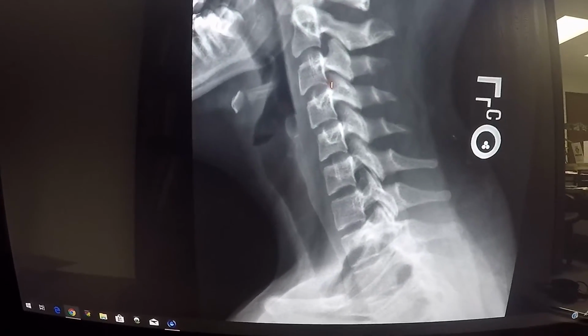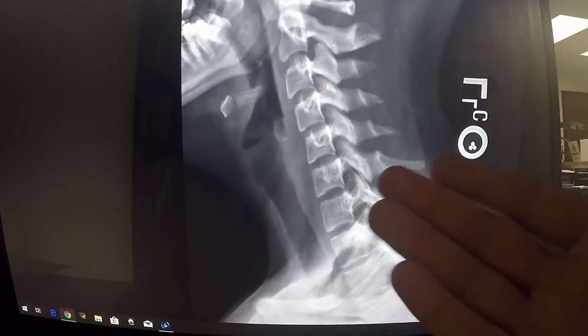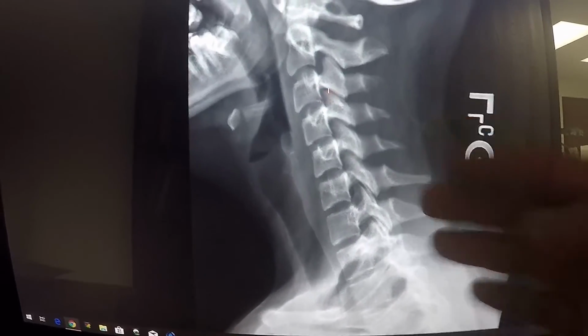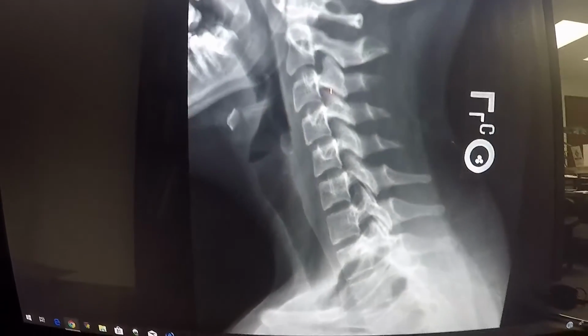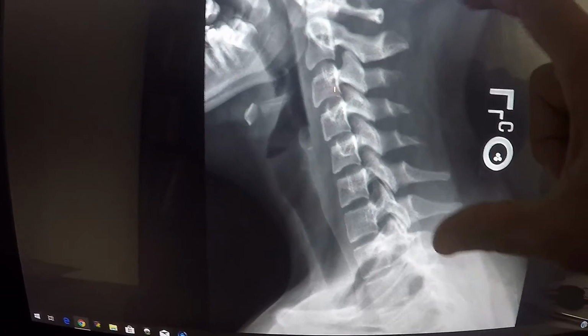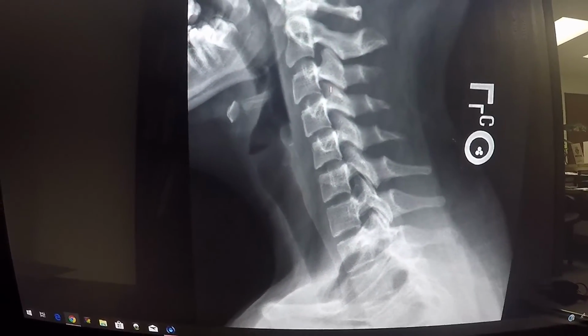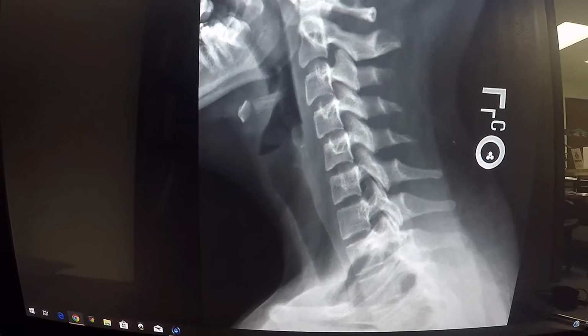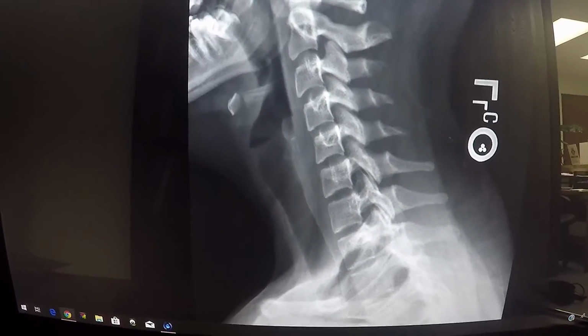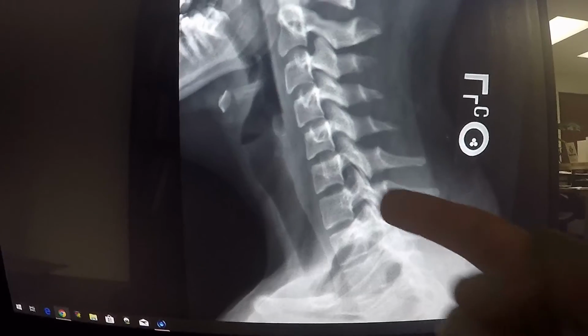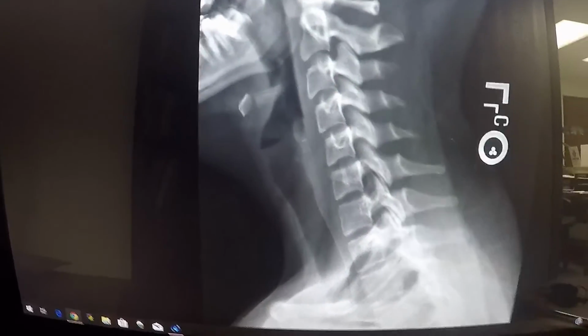So what we're going to do is adjustments to this person's spine. We're also going to show them exercise to help restore some of that curve, and strengthening these muscles in the back here will help do that. It'll do two things. Number one, it'll help the person with their pain. Number two, it'll help the person prevent early stage degenerative disc disease.